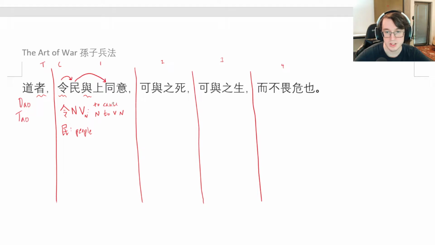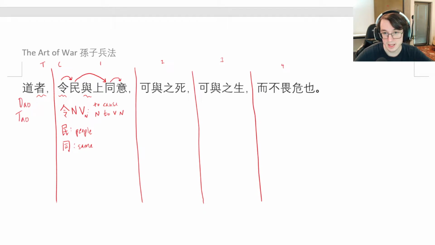So here's actually the verb that goes along with this noun, tong. So tong means same. And when you place it in the position of being a verb, it means to make the same or to have the same, to cause something to have the same, right?